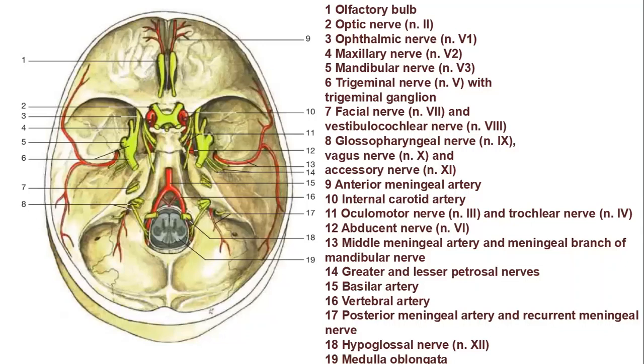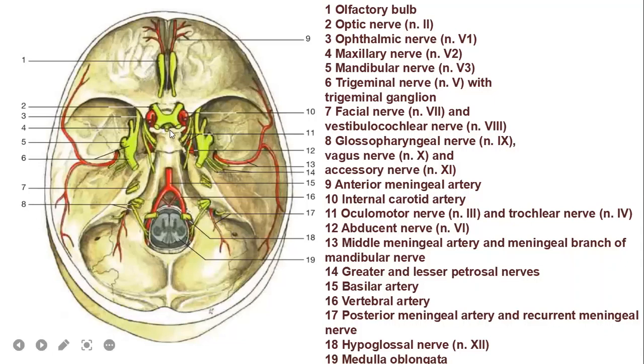Then we have the glossopharyngeal nerve, vagus nerve, and the accessory nerve, anterior meningeal artery, internal carotid artery, oculomotor nerve, trochlear nerve, abducens nerve, middle meningeal artery and middle branch of the mandibular nerve, greater and lesser petrosal nerves, basilar artery, vertebral artery, posterior meningeal artery, and recurrent meningeal nerve. Then we have the hypoglossal nerve. Finally, number 19 is the medulla oblongata, found in the posterior cranial fossa.